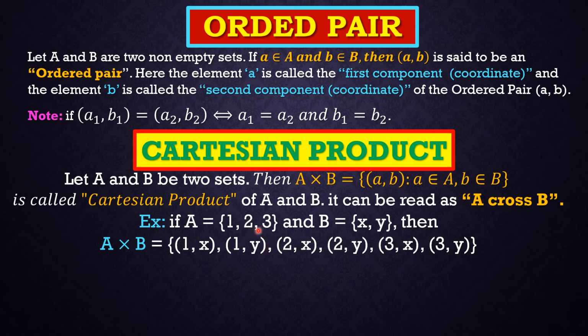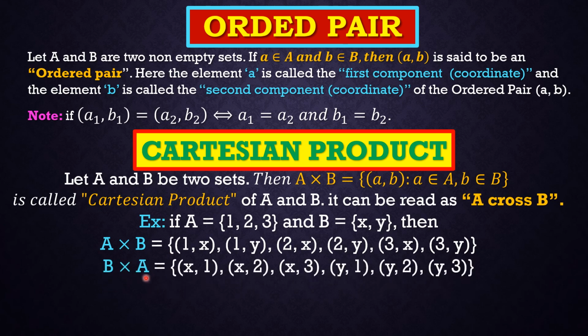Similarly we write (2, x), (2, y), (3, x), (3, y). These are ordered pairs between the sets A and B. This type of set is called the Cartesian product of the given two sets A and B.